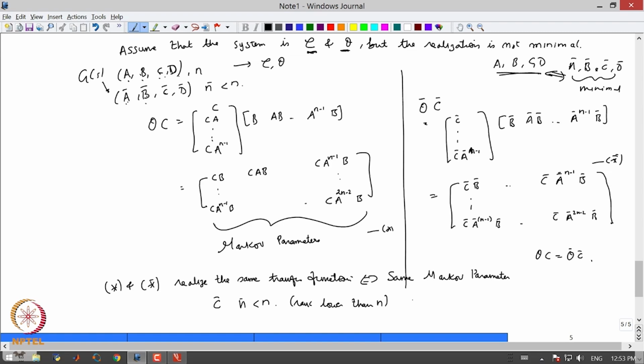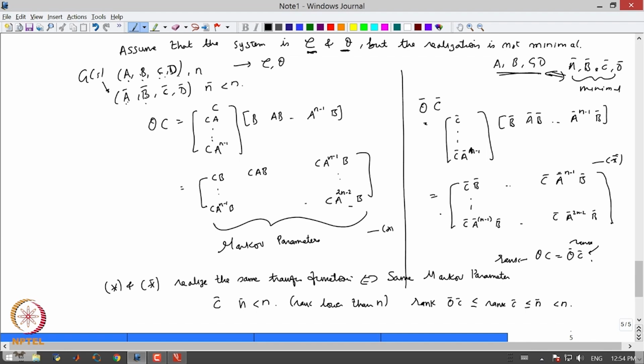Therefore, the rank of O bar C bar is less than or equal to the rank of C bar, which is less than or equal to n bar, which is less than n. This contradicts the fact that if these two are similar, the rank here should equal the rank there.